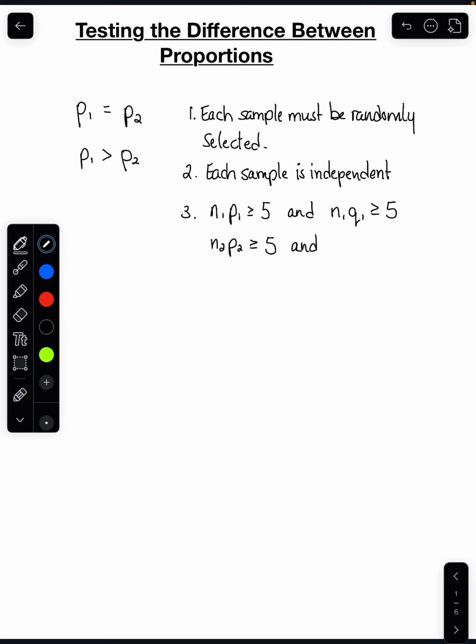The idea is that neither sample can be so far skewed to one side or the other. Basically, as long as the sample size is large enough, we should be fine. In the worst case scenario that p sub 1 and p sub 2 are heavily skewed to one side or the other, a sample size of at least 30 or 40 is usually more than sufficient to make sure that we observe these requirements.